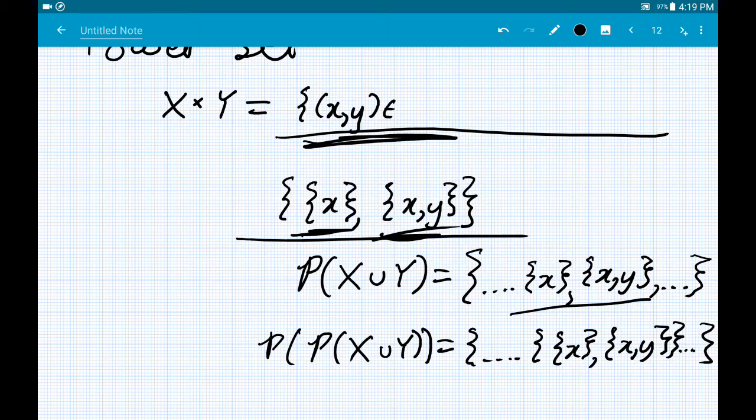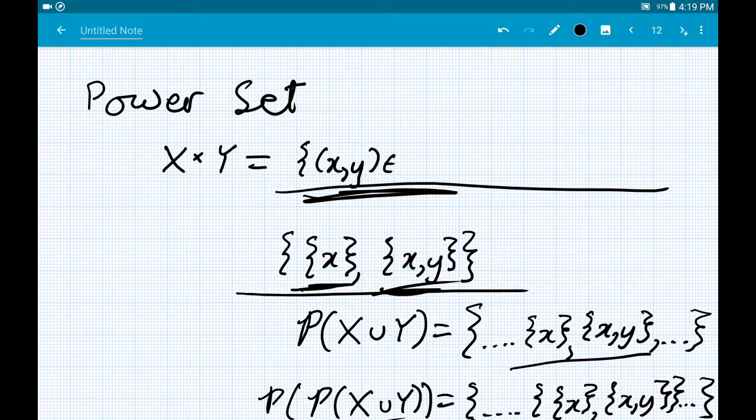So in fact, this we are guaranteed to exist as a set because we are guaranteed that the union of any two sets is a set, the power set is, and so is the power set taken again. So we know that this exists as a set and has all things like this inside of it.